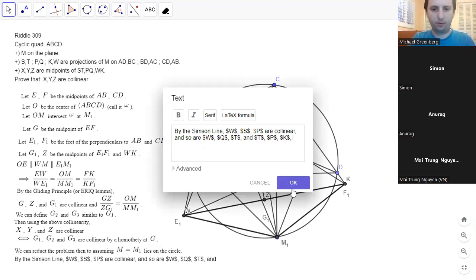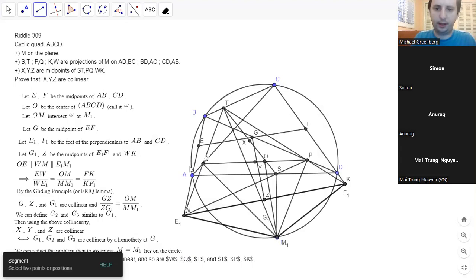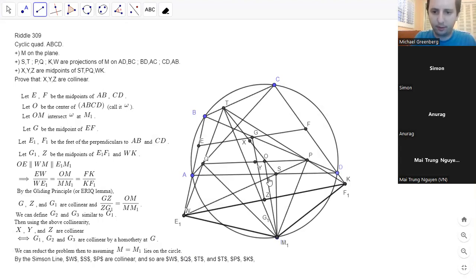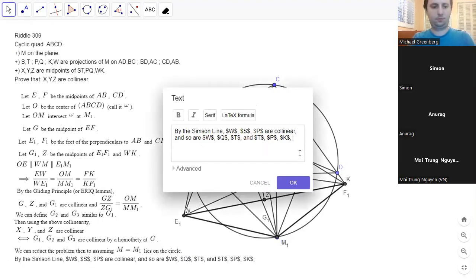And then we have one more. If we do CDA, then we would have S, K, and Q. So those are collinear. All right.